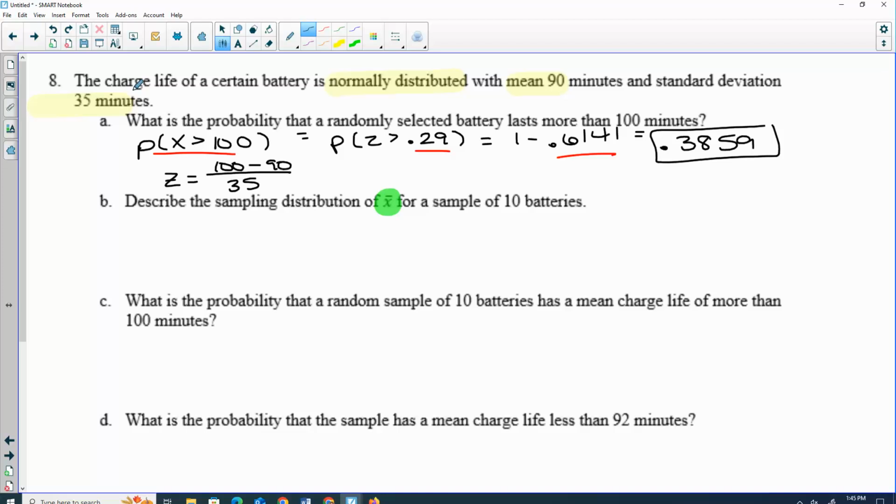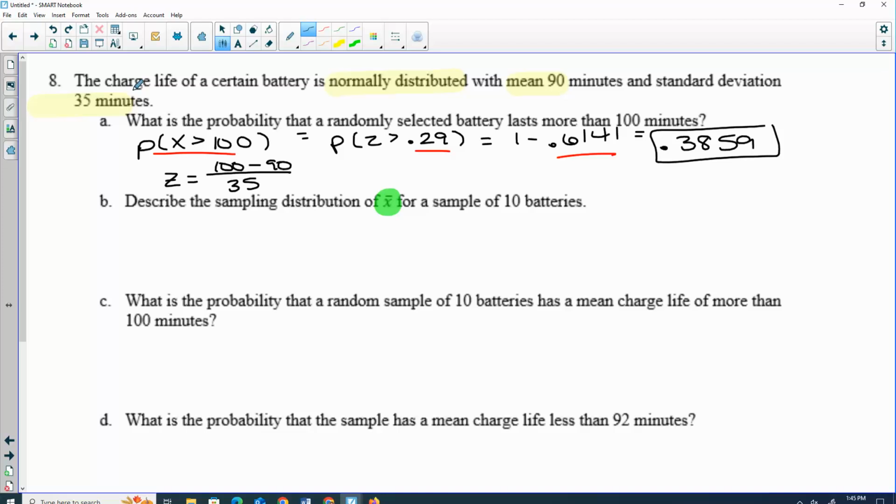With p hat, my criteria, I have two things. N times p times 1 minus p is greater than 10, and my sample is less than 5% of the total population. So that is the thing that you have to remember that is not on your formula sheet.